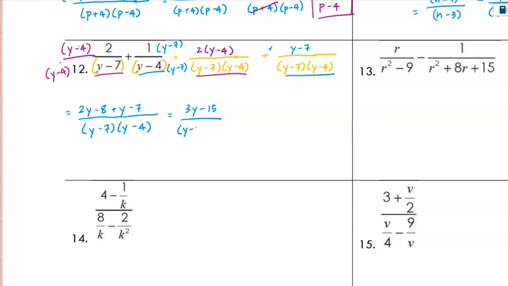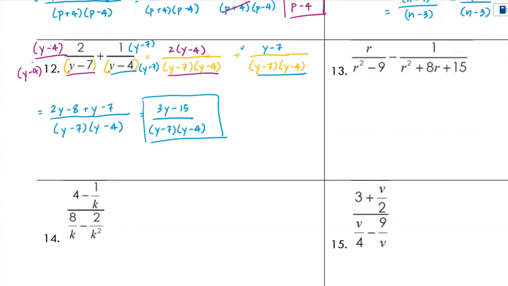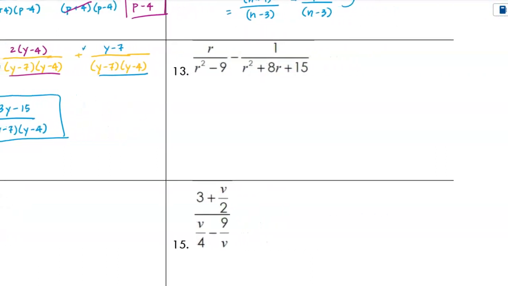And then we have a y minus 7 and y minus 4. Now, if I take a 3 from that numerator out, I'm going to get y minus 5. That can't simplify with anything in the denominator, so I know that that is my final answer. Okay? Good job. Number 13.